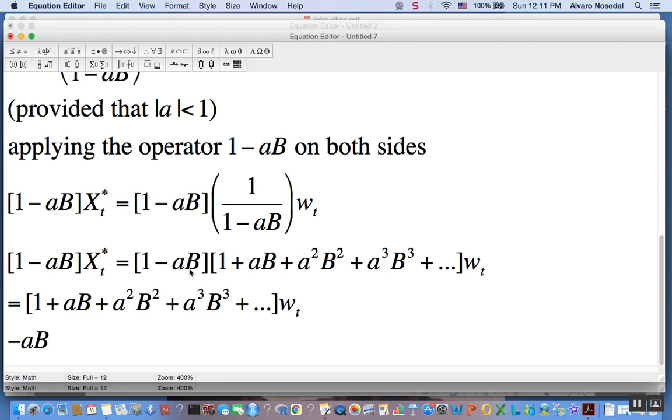Then negative AB times AB is going to be A squared B squared, right? Then negative AB times A squared B squared, negative A cubed B cubed. You can see that, right?